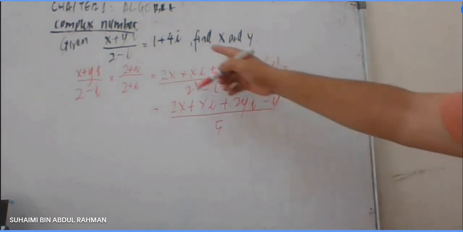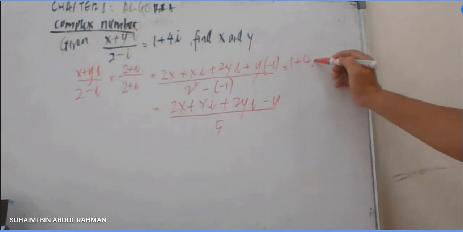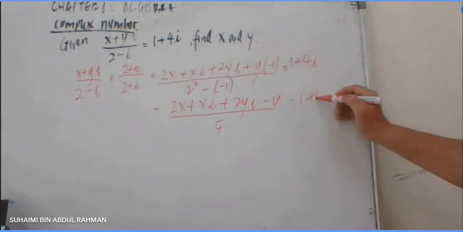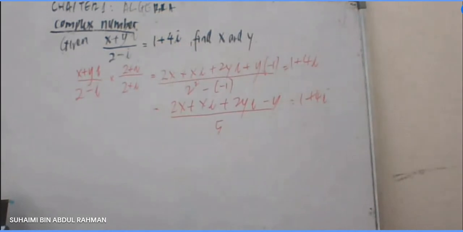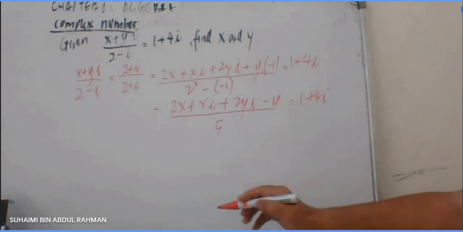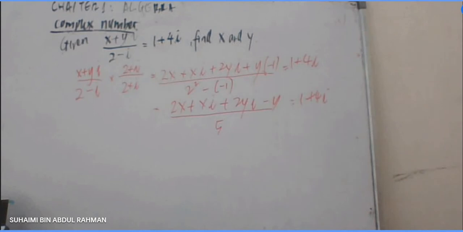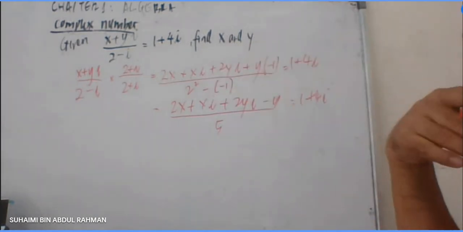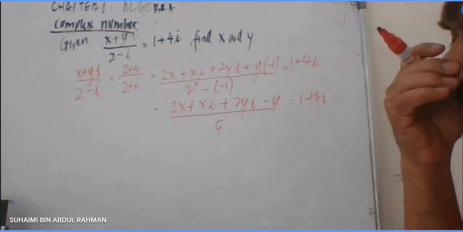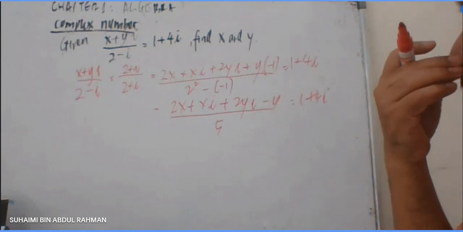It must be equal to 1 plus 4i. Then we put together terms of real and real, imaginary and imaginary.